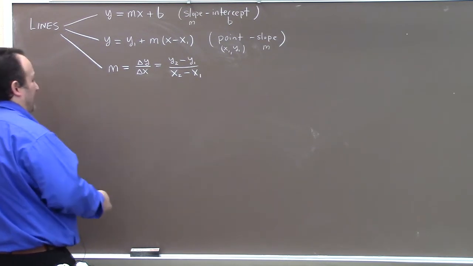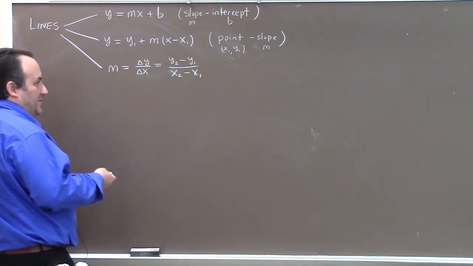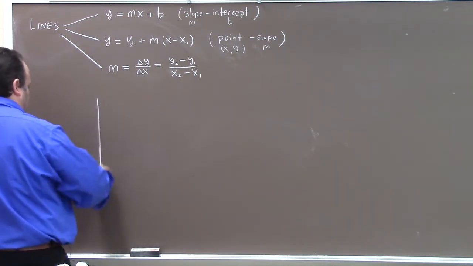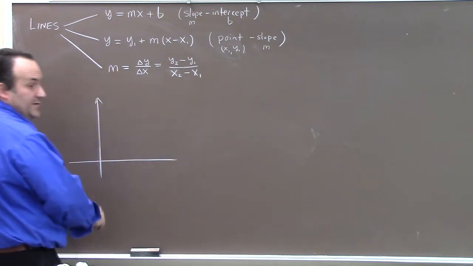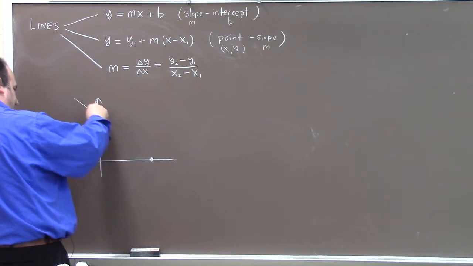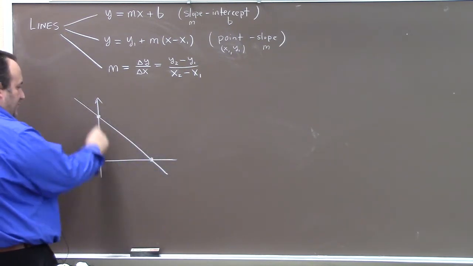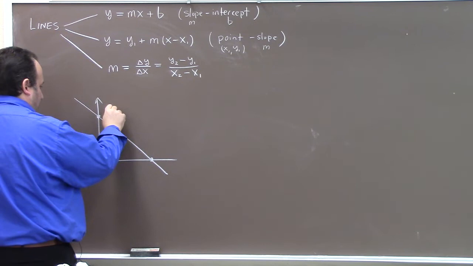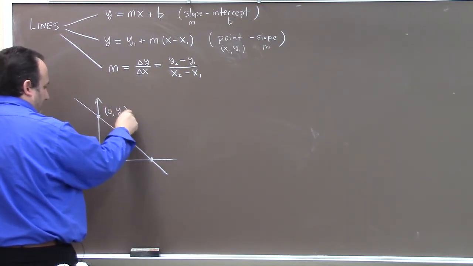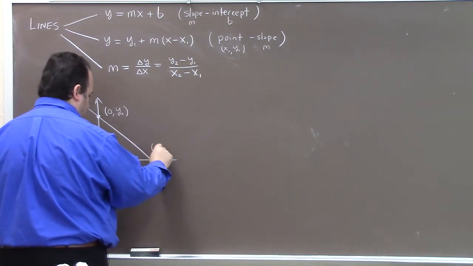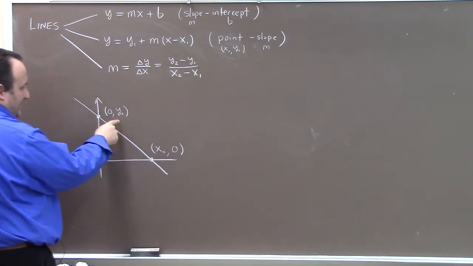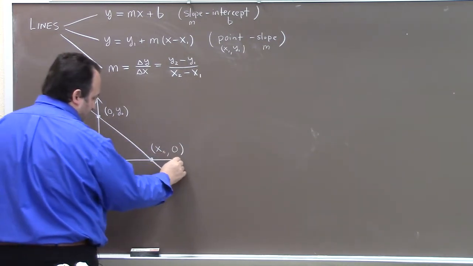And I never quite remember this, but there's an intercept form. So give me a second, we'll derive it. So if you have a line, right, and it's got these as its intercepts, this point would be 0, comma, y naught, and this would be x naught, comma 0, if I'm using y naught for the y-intercept and x naught for the x-intercept, yeah?